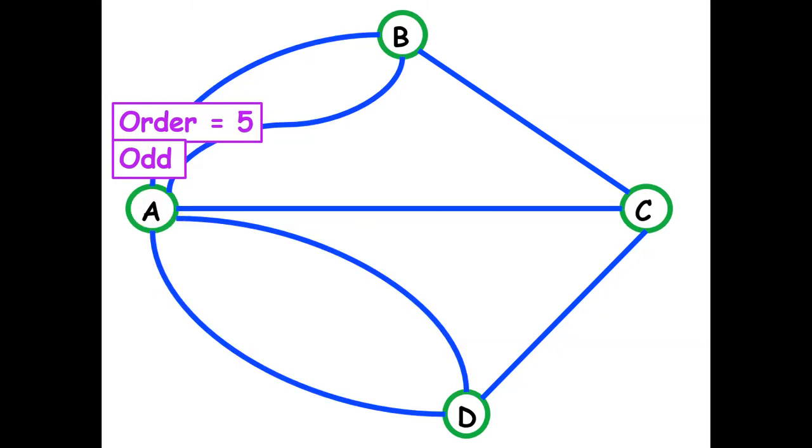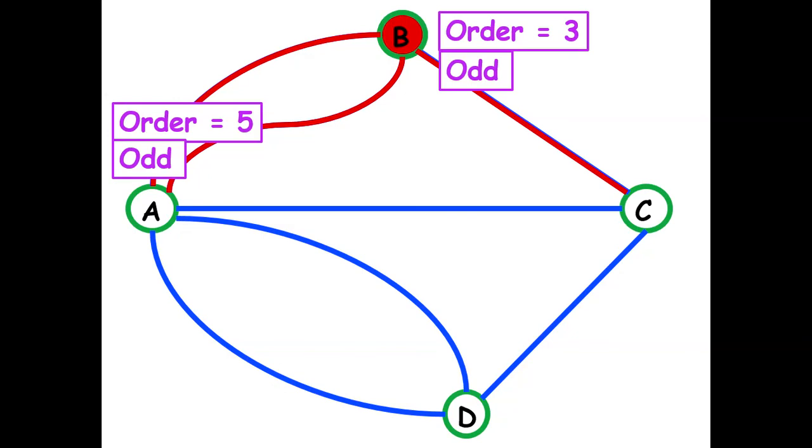Now let's do the same process again and look at node B. If I look at how many arcs go into node B, I've got 1, 2, 3. There are 3 arcs that go into node B, so its order is 3, and 3 is an odd number, so B must be an odd node.